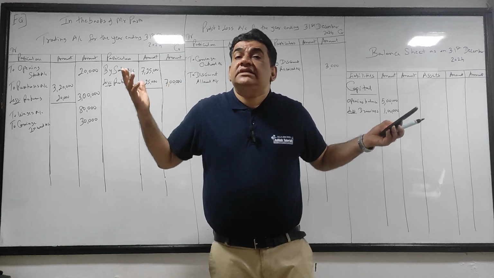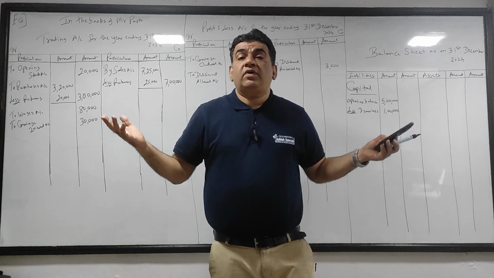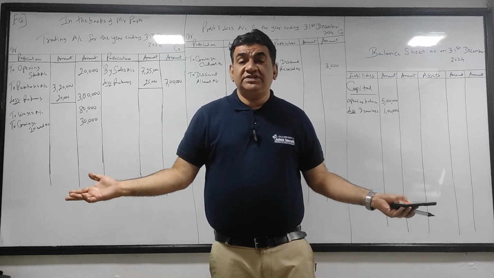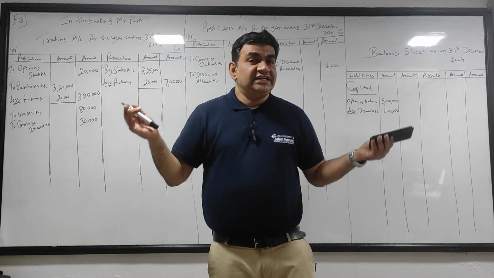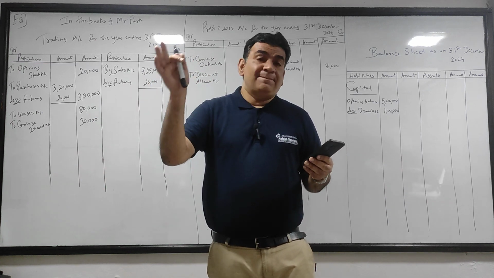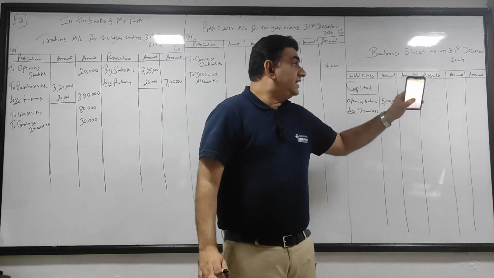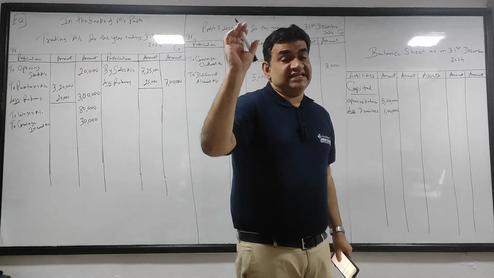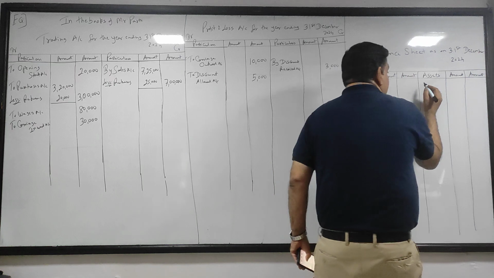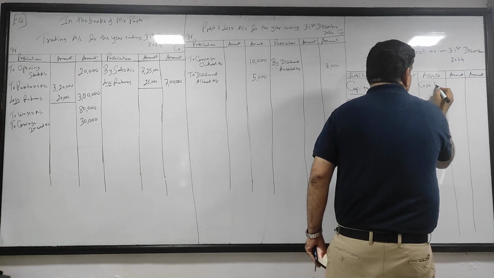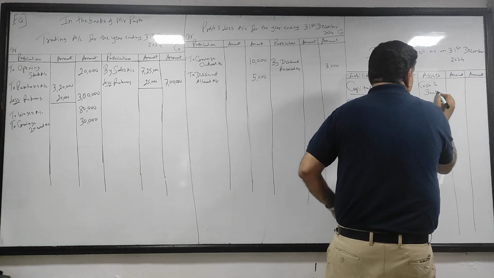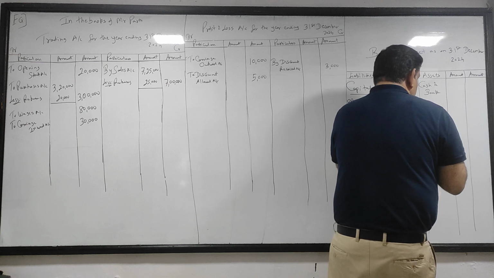So it is a belonging or a property owned by the business, and because it is owned by the business, business का पैसा है, therefore for the business it's an asset. So cash and bank, because it is the money belonging to the business on the last day of the year, for the business it will be an asset.